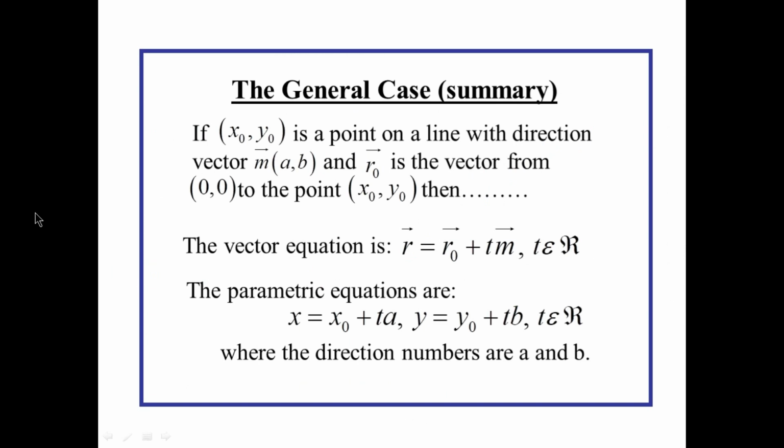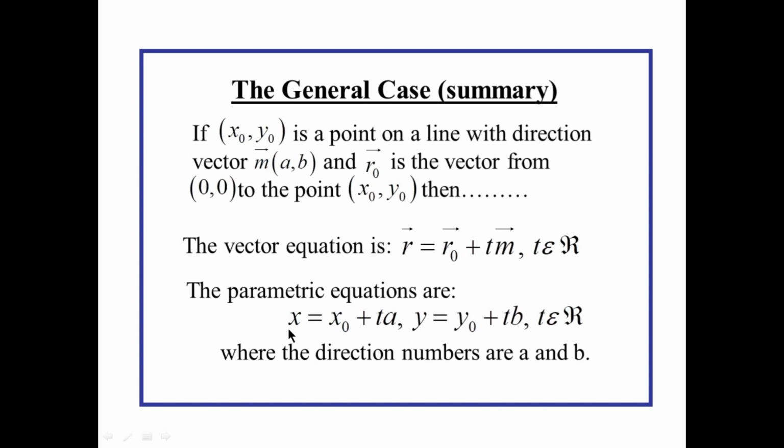General case, if (x₀, y₀) is a point on a line with the direction vector (a, b), and r₀ is the vector from the origin to the point (x₀, y₀), then the vector equation is R, that means the (x, y)'s, the points, the vectors, are equal to the r₀ vector, which takes us to the line, and then some multiple of the direction vector, which takes us along the line, where t is any real.